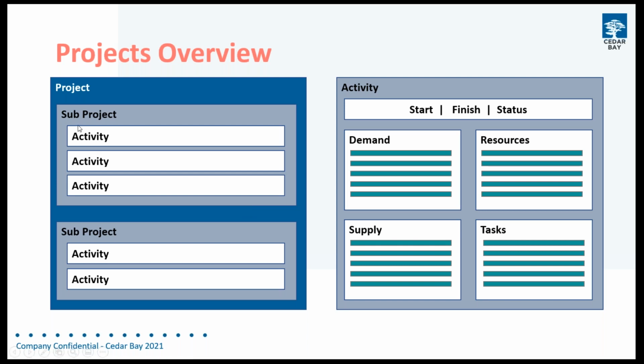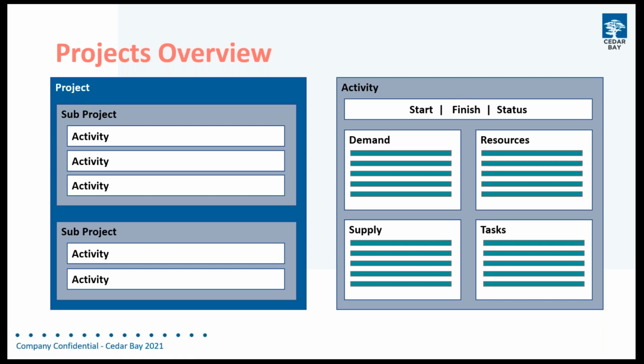And the meat on the bones for projects is the activity. The activity has all of the information that's required, and the project consists of a sequence of activities with start and finish dates for each activity that then feed through to the overall project. So a single activity will have a start or finish date, and therefore a duration.